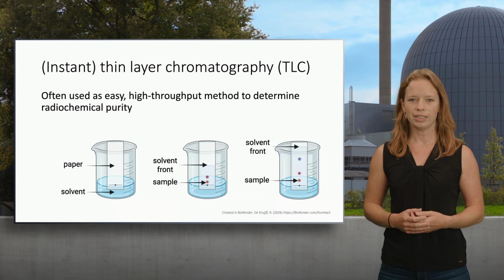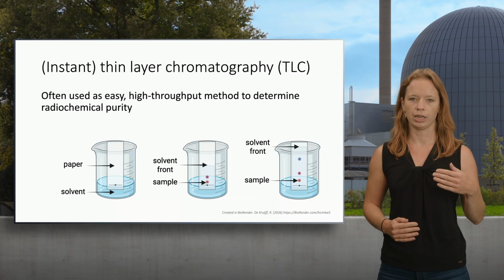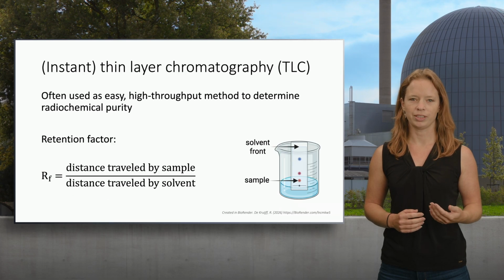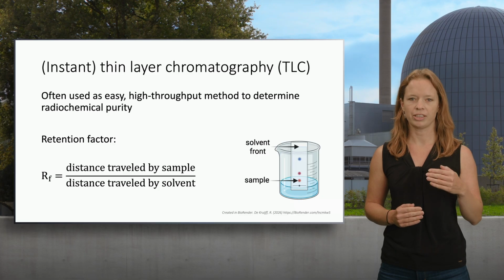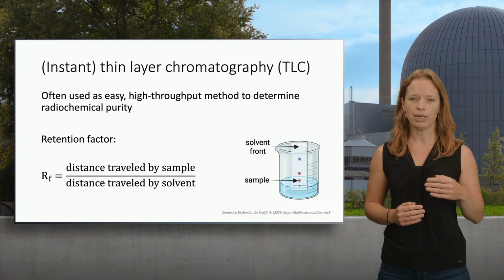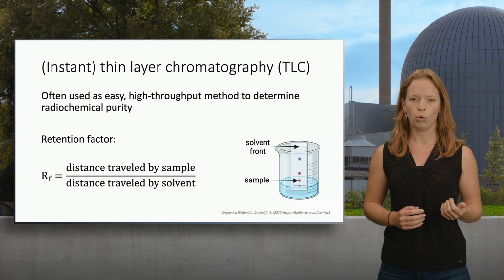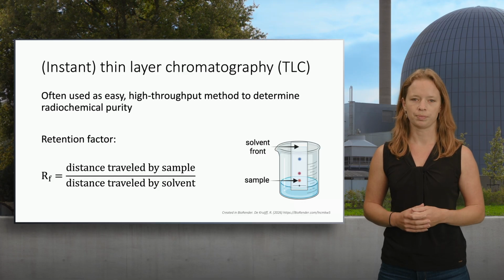The different compounds in the sample will have separated from one another, as they move up the paper at different rates. When analyzing the radioactive spots on the TLC paper, you can calculate the retention factor by dividing the distance the sample has traveled on the paper by the distance the solvent has traveled. The RF value is therefore always between 0 and 1.